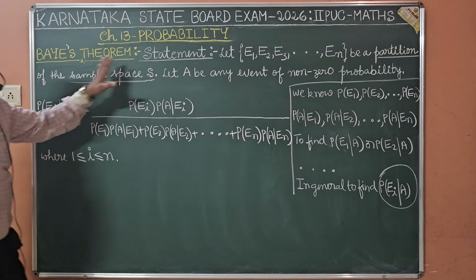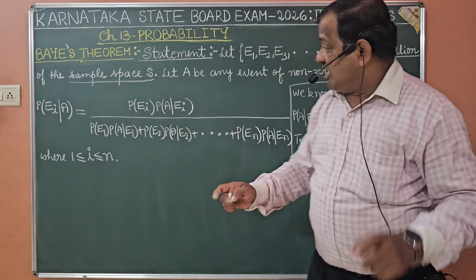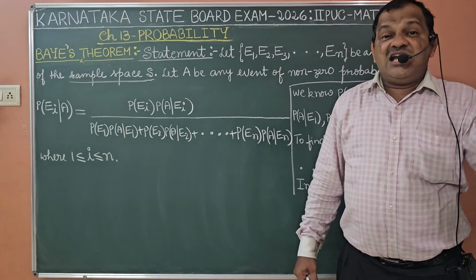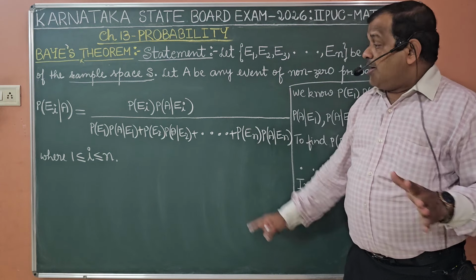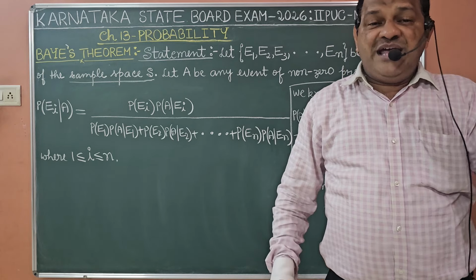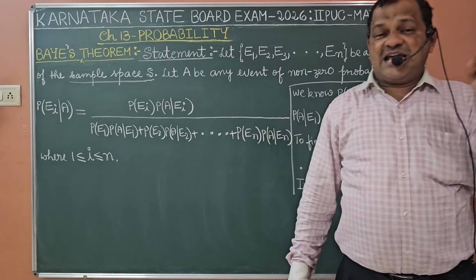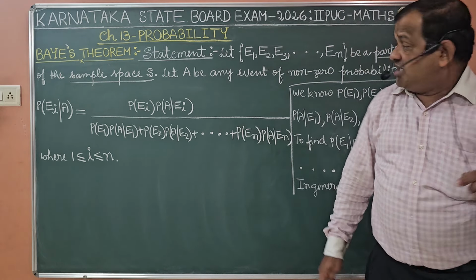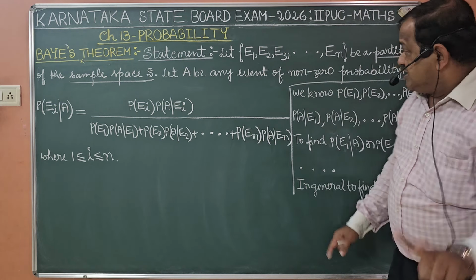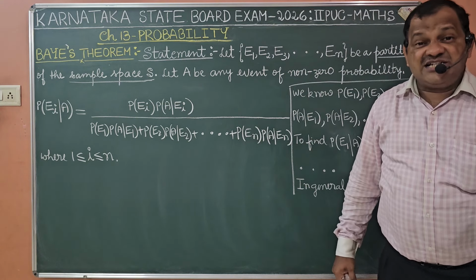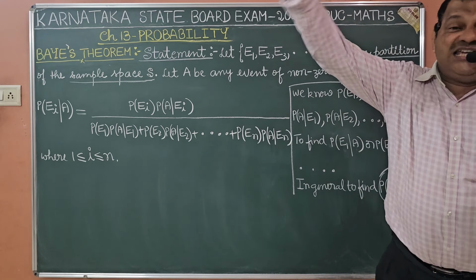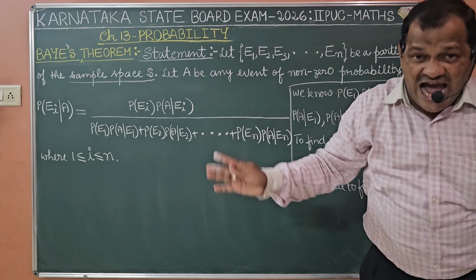Of course, this Bayes theorem formula, when I give it for n number of events, looks difficult. But don't worry, at the second PUC level, we have Bayes theorem exercises based on a partition containing either 2 events or only 3 events. More than 3 events we do not have.